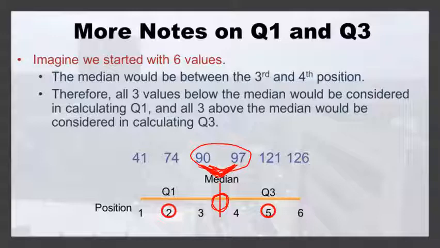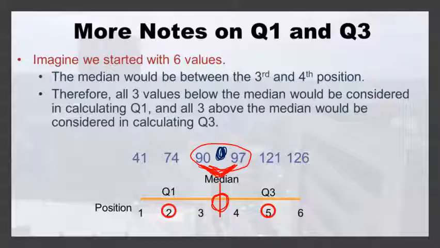However, when you have 6 values, an even number, and you had to find an average for your median, you're definitely going to be double dipping your numbers. Your Q2 was a middle number in between these.